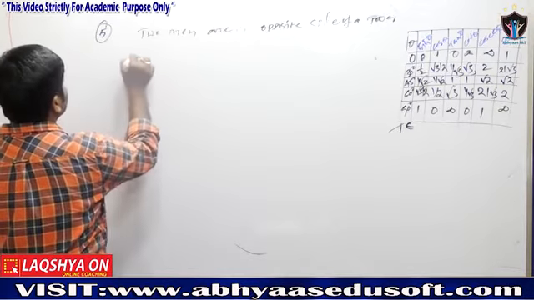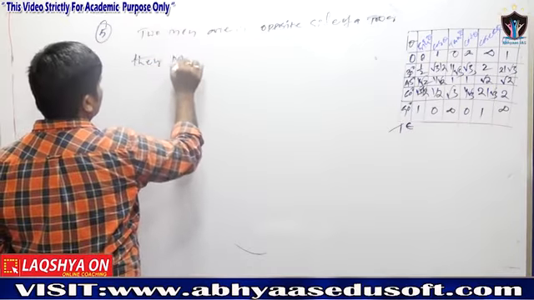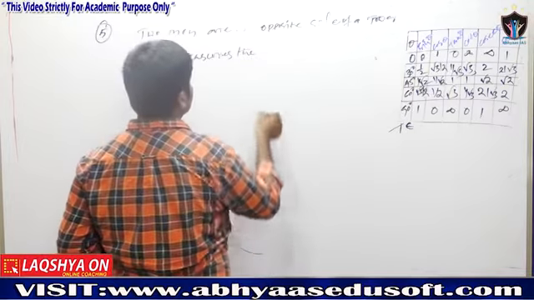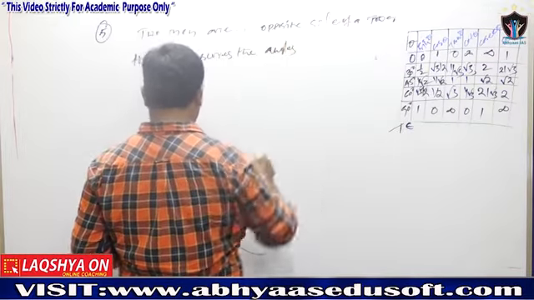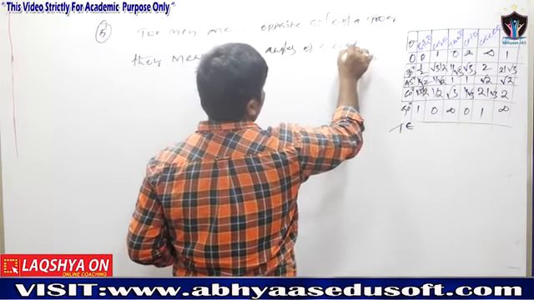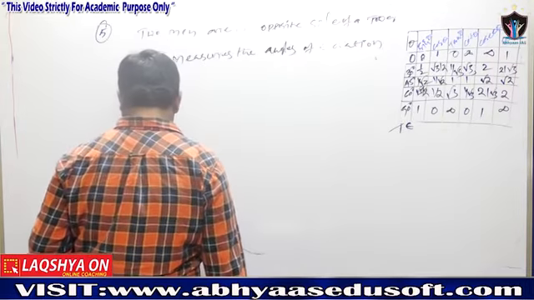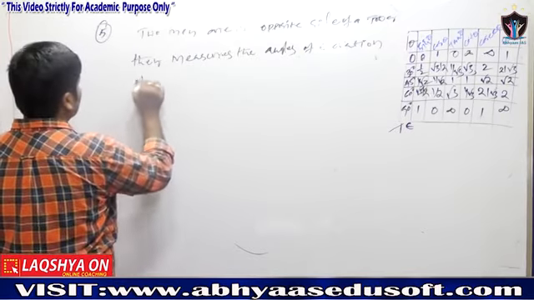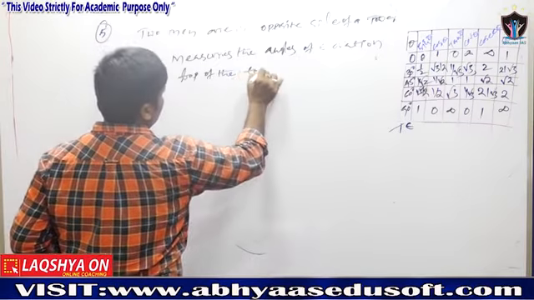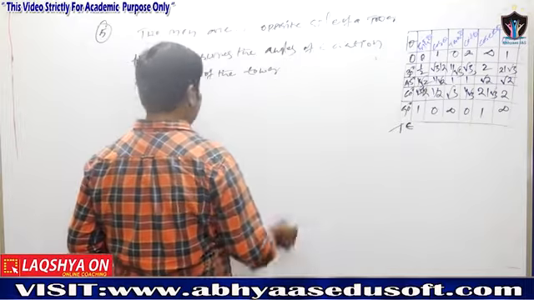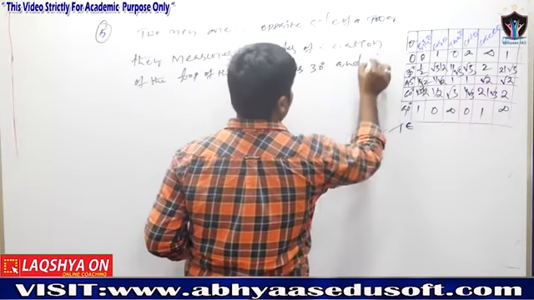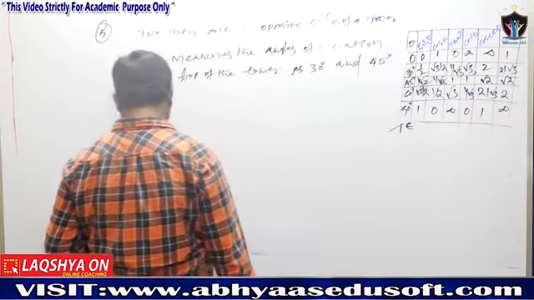They measure the angles of elevation of the top of the tower as 30 degrees and 45 degrees respectively.